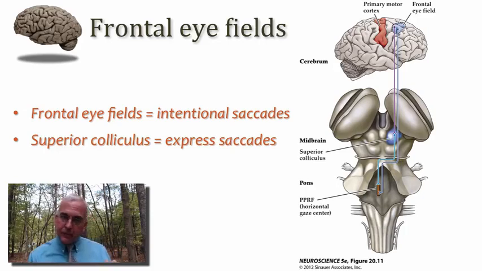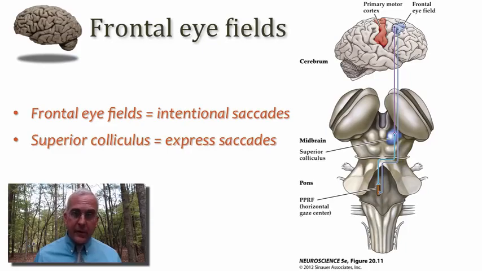And in fact, I think we've learned more about how all this works from the study of eye movements than we have for just about any other type of movement, which again demonstrates the value of knowing something about the eye movement system, whether you're a neuroscientist or a clinician. Eye movements are very important in helping us to diagnose neurological problems, and they're very instructive for understanding how sensory signals are turned into motor commands.